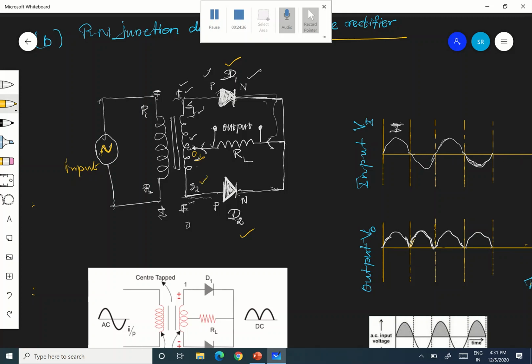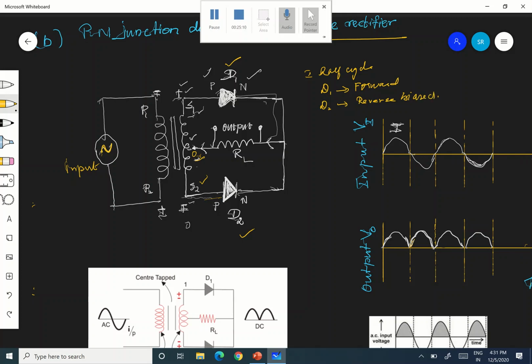O is more positive than S2, so N is connected to higher potential and P to lower potential, which means it is reverse biased. During the first half cycle, D1 is forward biased and D2 is reverse biased.